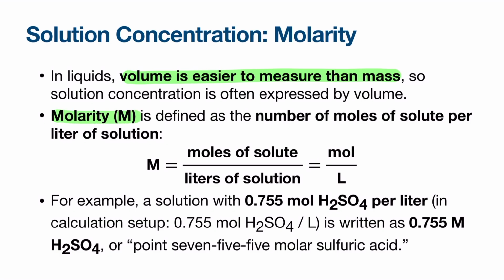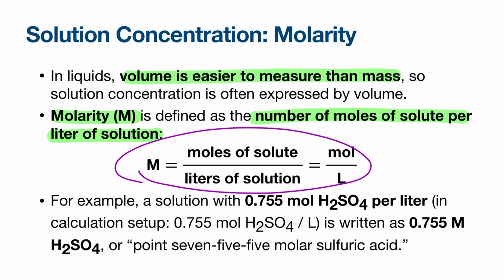Molarity is defined as the number of moles of solute per liter of solution, and that is summarized in this formula. Basically, molarity tells us how much solute is dissolved in a given volume of solution. It is defined as the number of moles of solute divided by the volume of solution in liters.